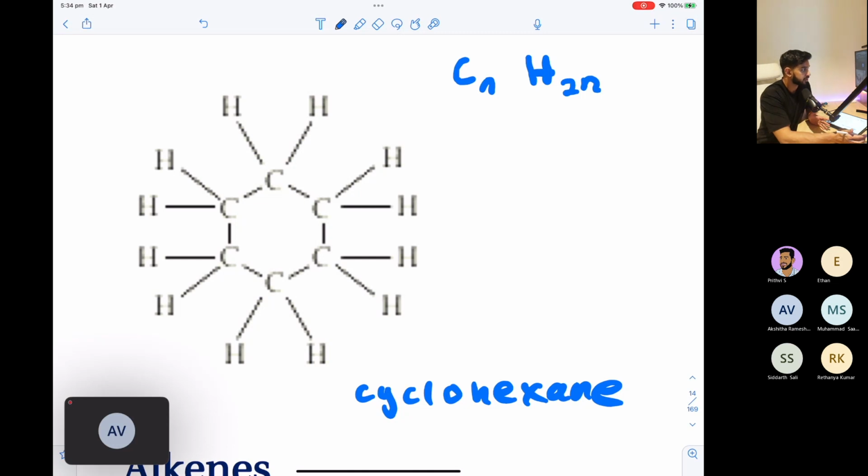The next thing is to do with numbers, right? What I mean by that is, what if I just did this? What would you name this compound now? Hit the raise hand icon once you've got an answer.